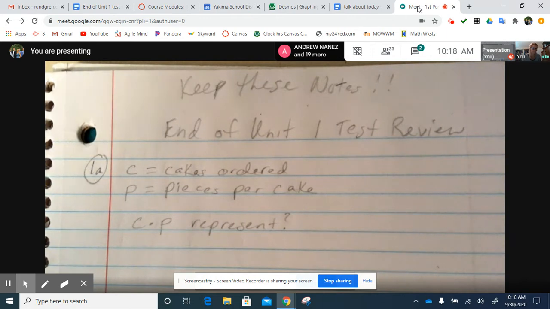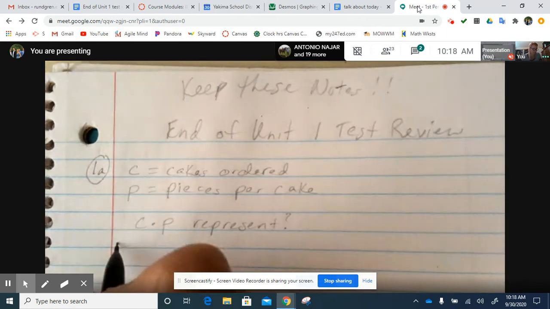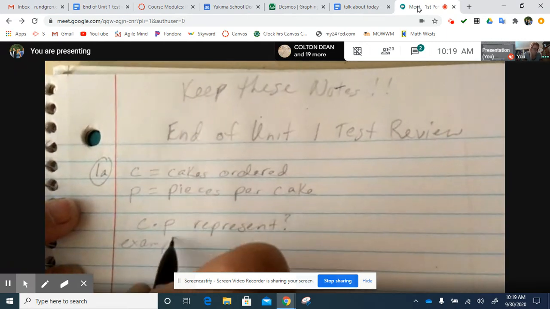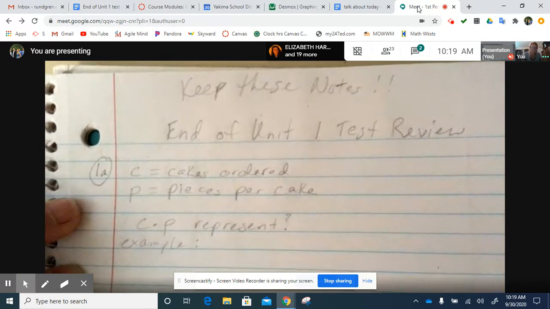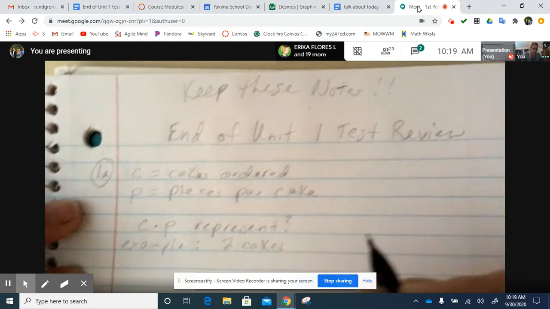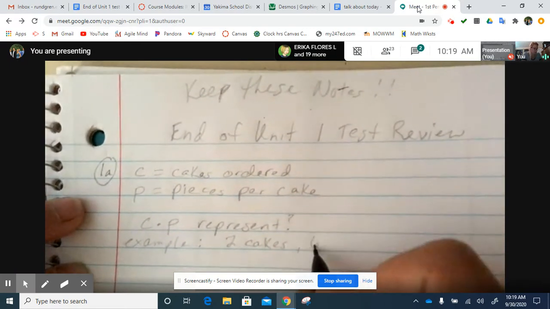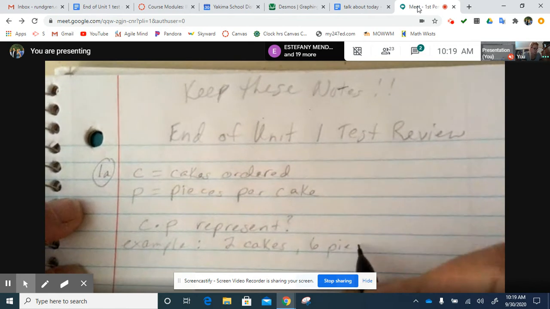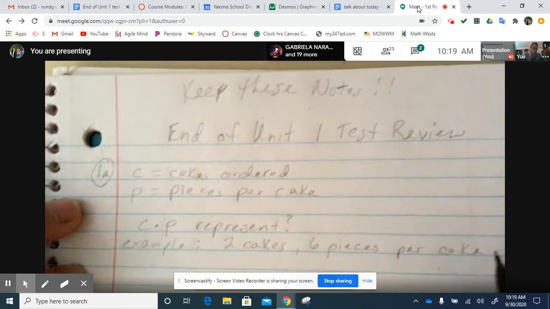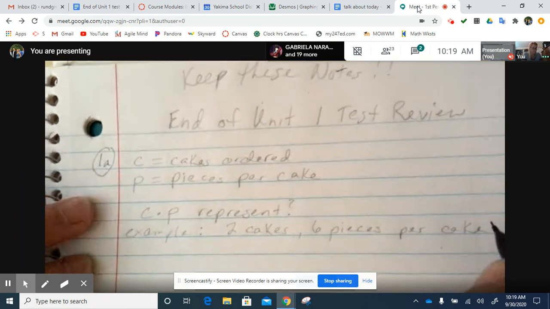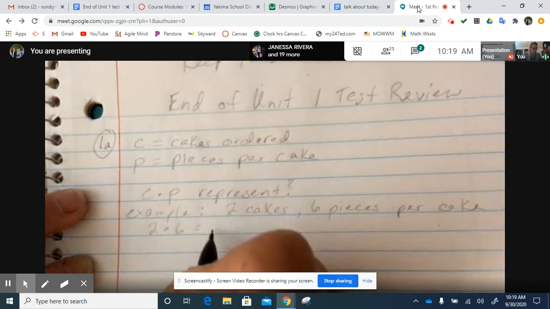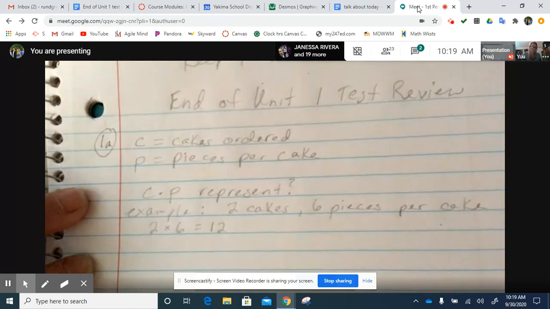So for example, write this down as an example so you can clearly see it. If you had 2 cakes and there were 6 pieces per cake, and we're multiplying those numbers together, 2 times 6 equals 12 what?